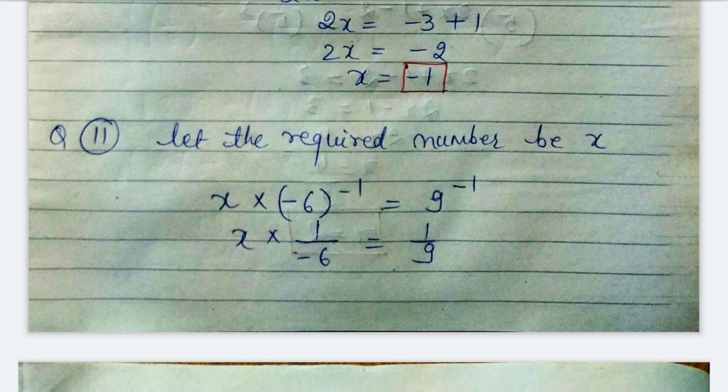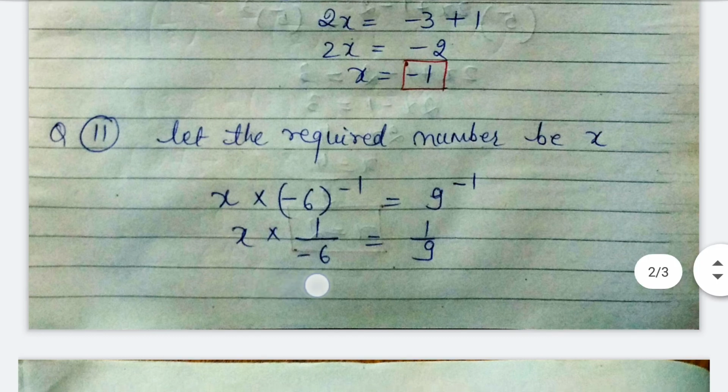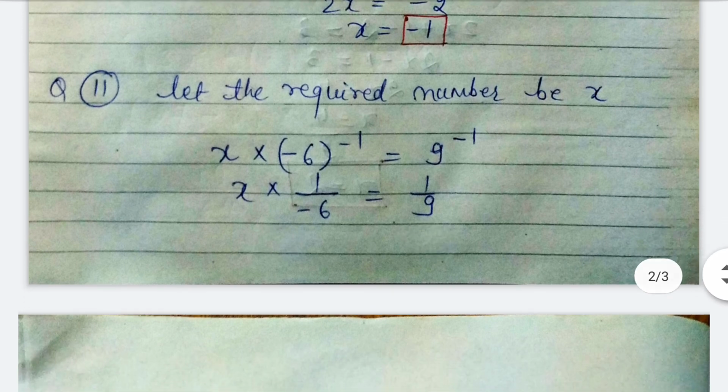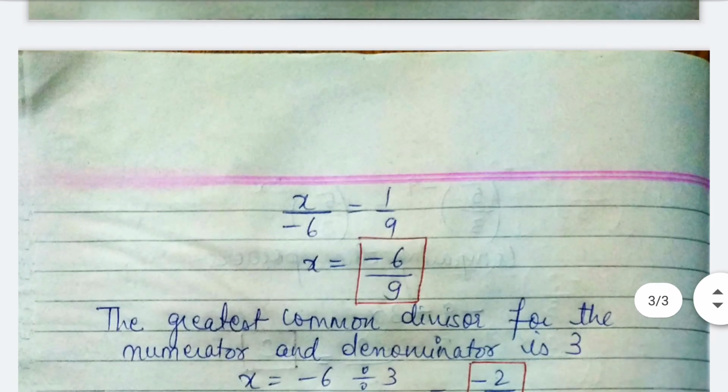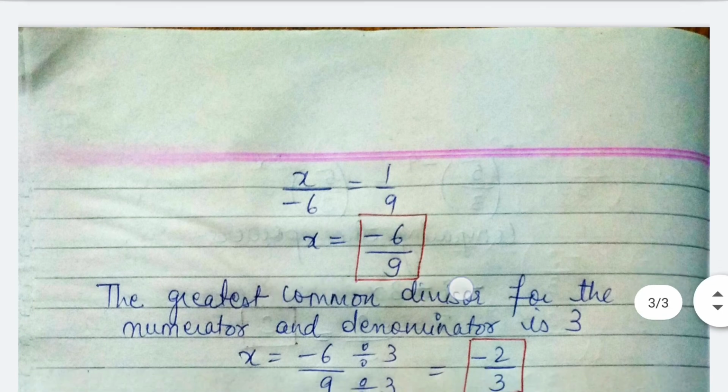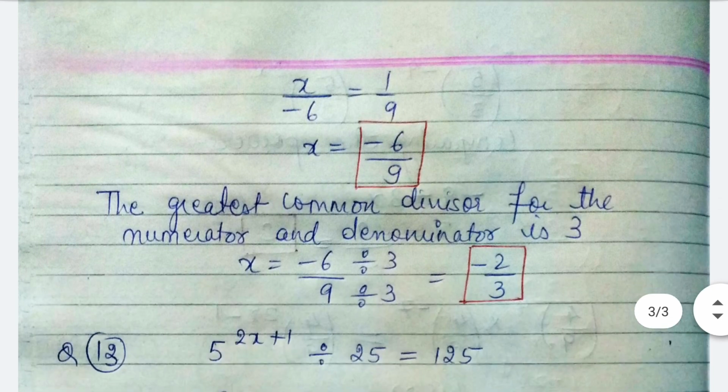Product means we have to multiply the two numbers and get the answer 9 to the power minus 1, right? Now x into minus 6 to the power minus 1, which can be reciprocal as 1 upon minus 6, right? Next, x upon minus 6 is equal to 1 by 9.